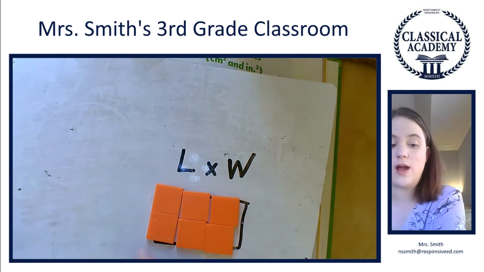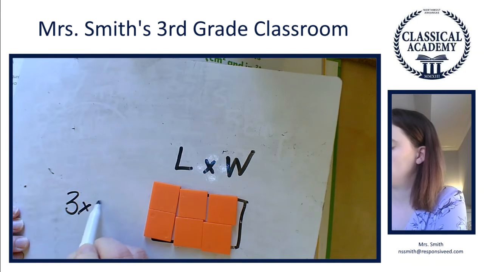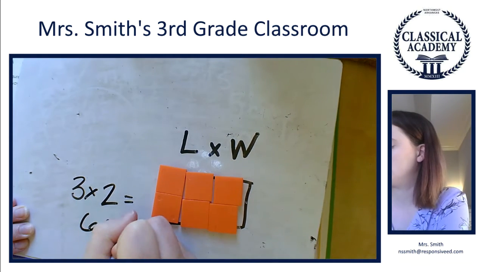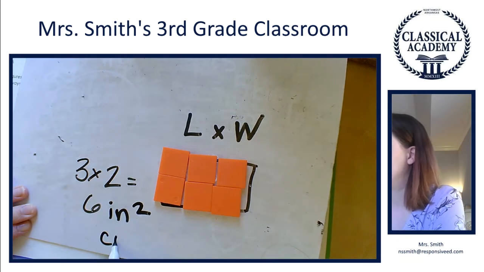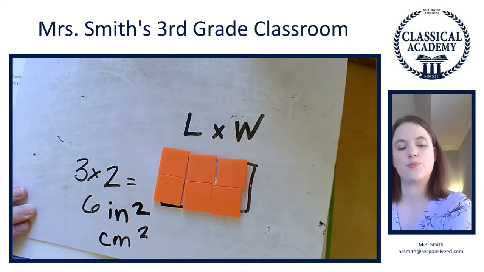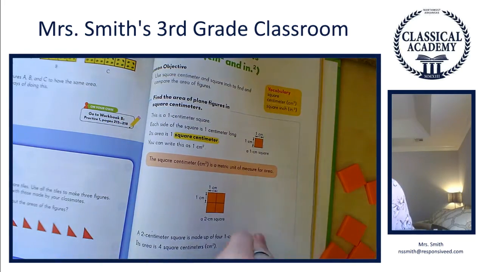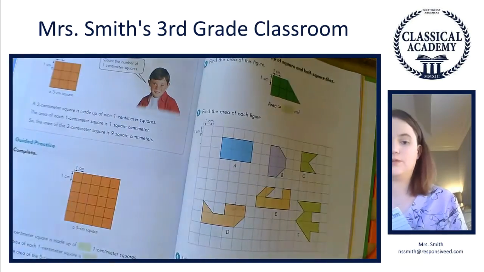So how many wide is it? 1, 2, 3 times how long? 2 equals 6. These are in inches, so we're going to write it in inches squared. If you write centimeters, you would write it as centimeters squared. That's how the book prefers you to write it. Turning the page.